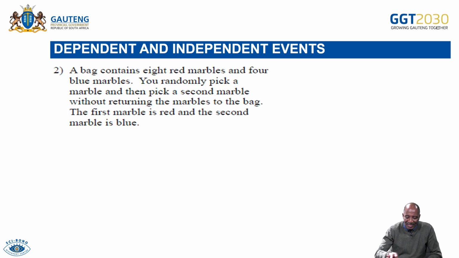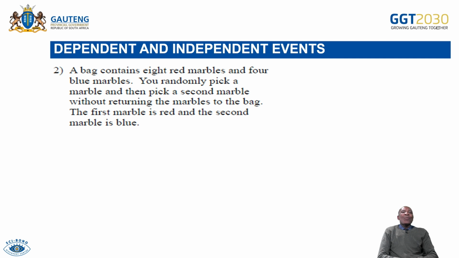Okay, next question. There is your next question. Read through that question and see if your events are independent or dependent. A bag contains 8 red marbles and 4 blue marbles.